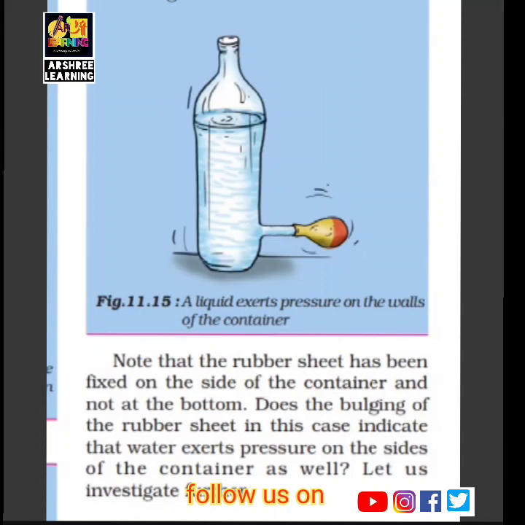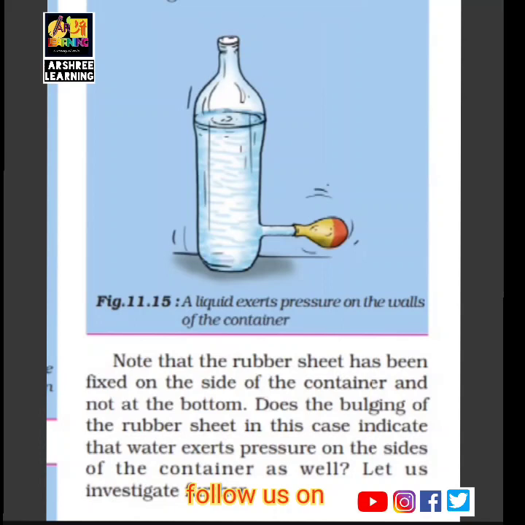If we add more water in the bottle, what will happen? The balloon will swell more. When we pour some more water in the bottle, the change in the bulge of the rubber sheet will take place and it will swell more. So this activity shows that liquid exerts pressure not only in the downward direction but also in the sideways direction.